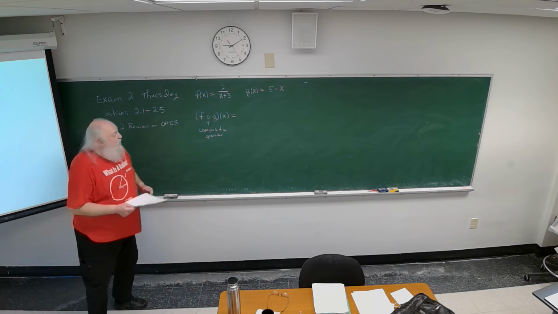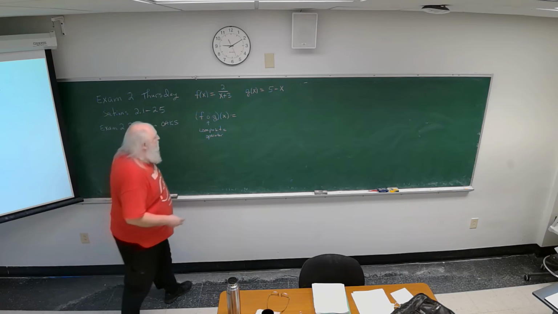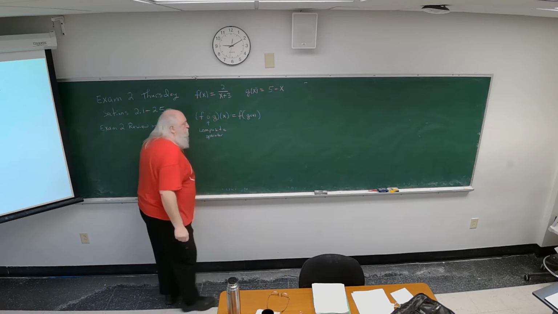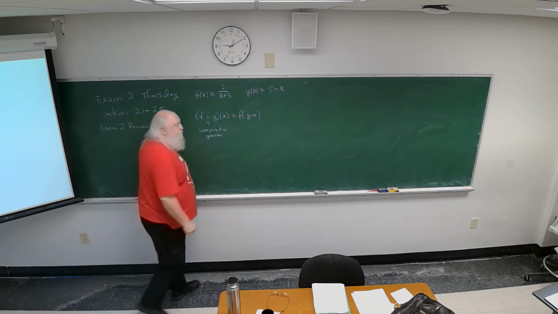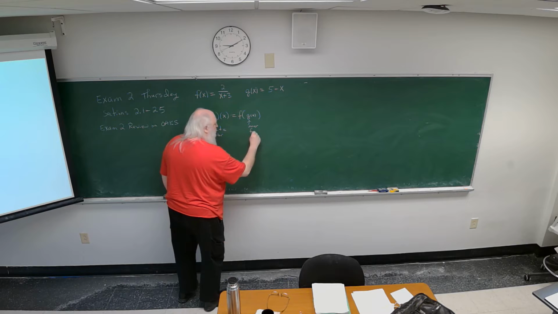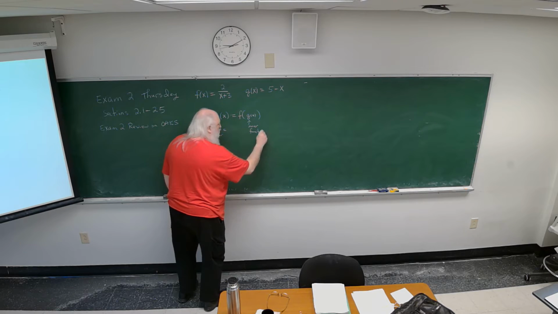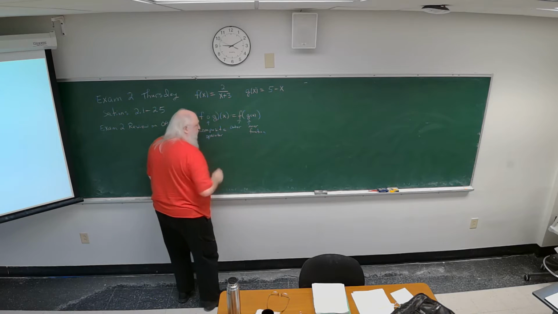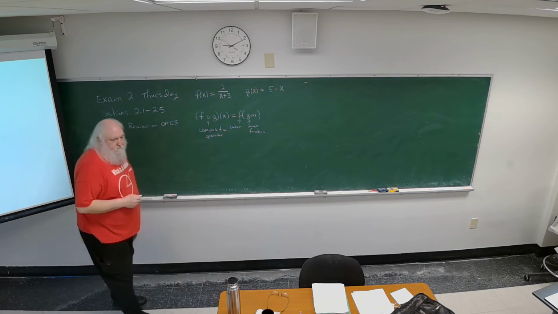Okay? And by definition, that is equal to f of g of x. G of x is called the inner function because it's inside the function f. And f is called the outer function because it contains the function g of x.